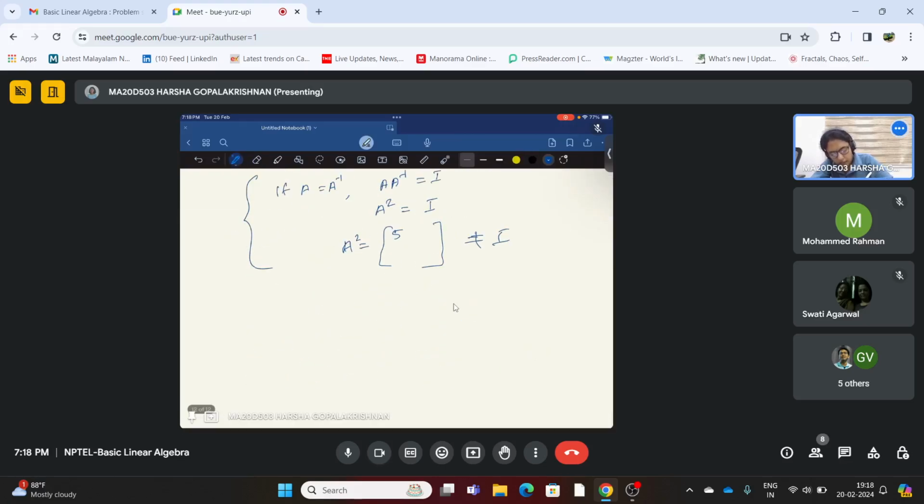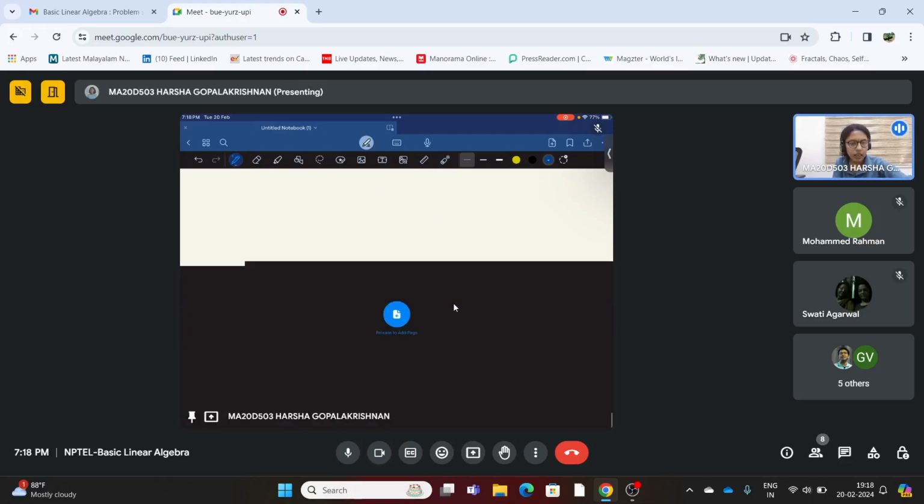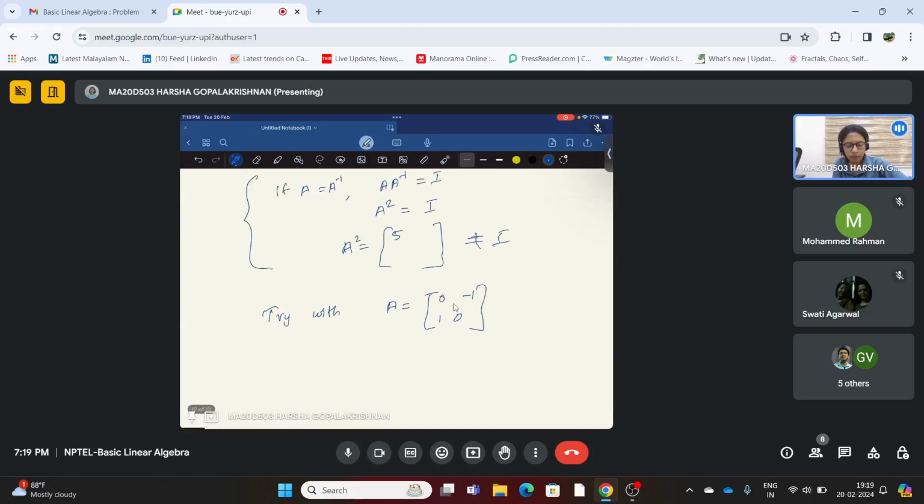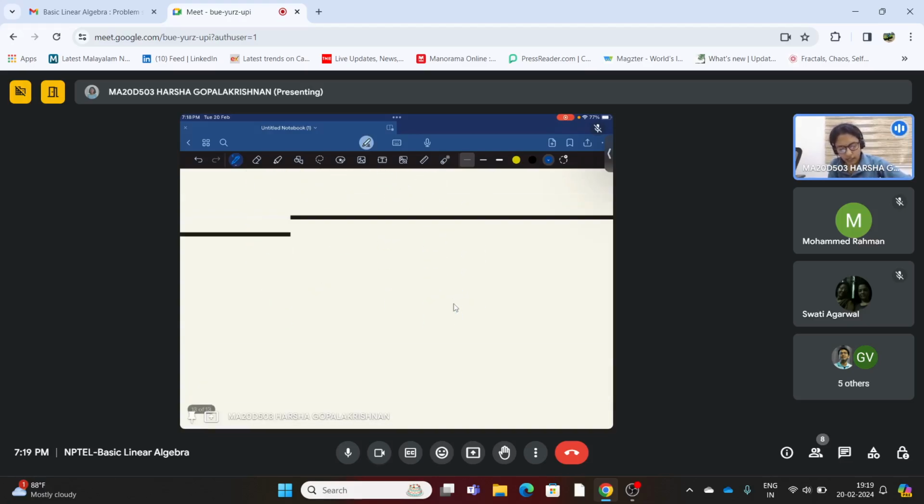Try with A equal to 0 minus 1, 1 0. The positive thing about this kind of matrix is that finding the inverse is easy. Otherwise, like in the earlier example, to find the inverse it is a bit difficult, we need to find the adjoint and all. For this example, just by inspection we can find the inverse. Anyhow, you can just try that.